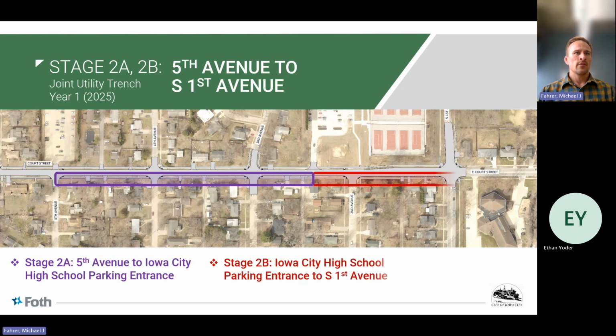And then the final section of joint utility trench will continue from the Iowa City High School entrance up through South First Avenue. And all of this work will be completed in this first calendar year, in 2025.